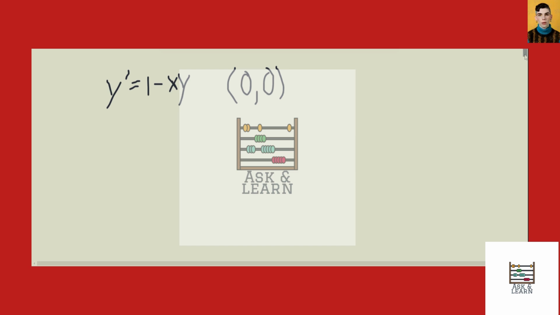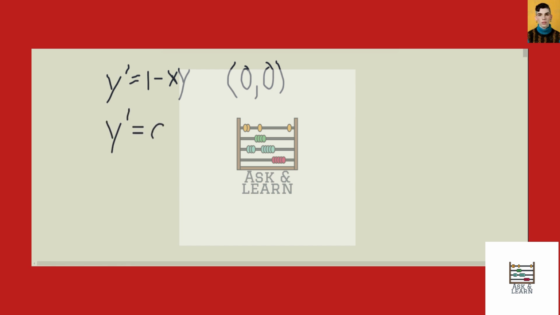So, for a given value of y prime, say y prime is equal to c for some c in the real numbers, this will be equal to 1 minus xy, so that xy is equal to 1 minus c, or that y is equal to (1 minus c) over x.